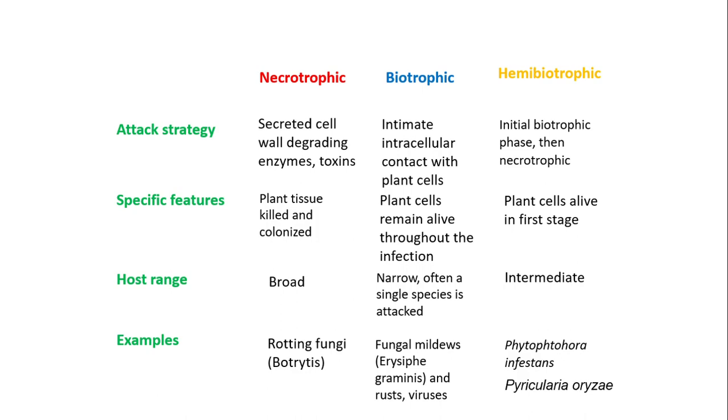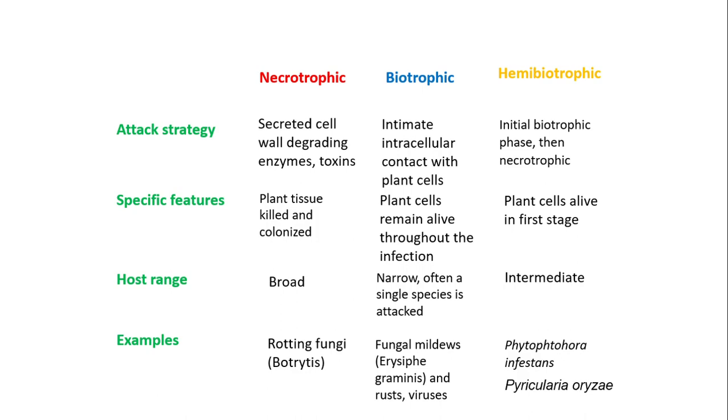Biotrophic fungi make intimate intercellular contact with the plant cells like plasmodesmata, and the hemibiotrophic fungi, in the initial biotrophic phase they attack the plants, and then that biotrophic phase turns into the necrotrophic phase and the cells are killed.